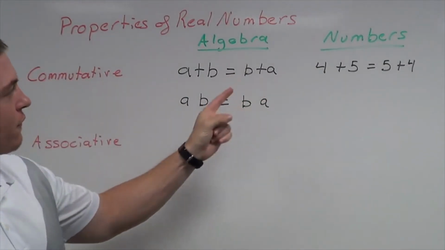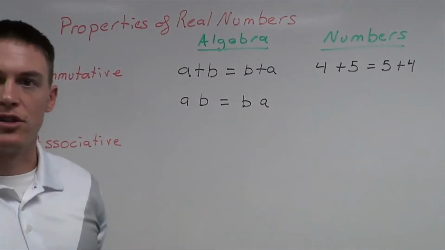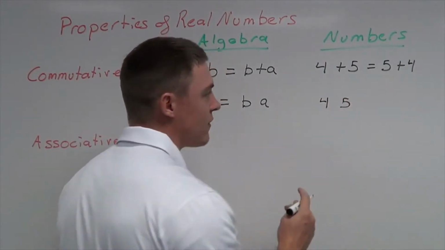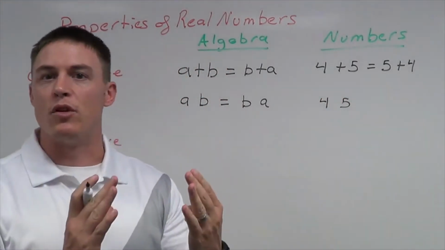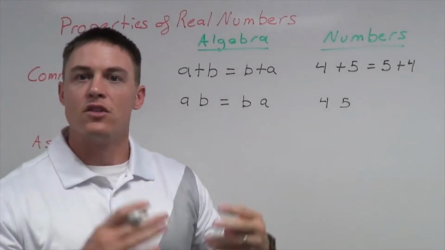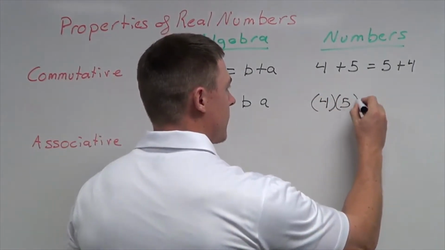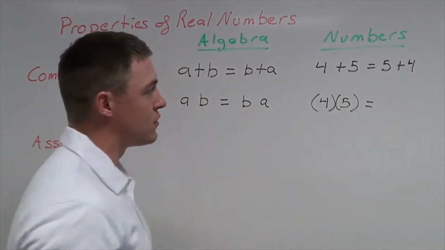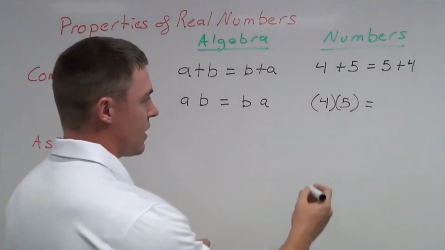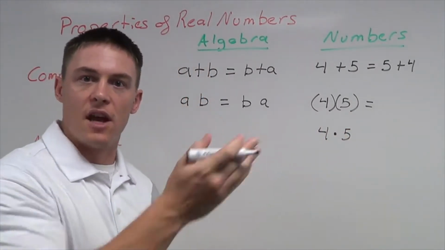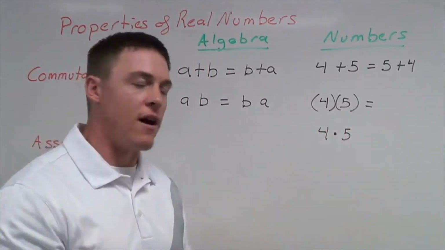Alright, so let's do this with numbers now. I used 4 and 5 for A and B, so let's just use the same numbers. 4 times 5. Now, with numbers, I can't just put them next to each other. That looks like a 45. So what I have to do is use parentheses to denote that I am multiplying. I guess what else I could use? I could use 4 dot 5. Make sure that dot is raised up a little bit so it doesn't look like 4.5.